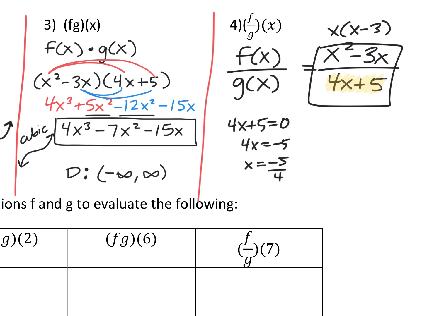Negative 5/4. So you say for your domain, because it's a rational, my domain can be anything except for, which one? Negative 5/4, yeah. X can be anything except for negative 5/4, because that would cause it to have a 0 in the denominator.